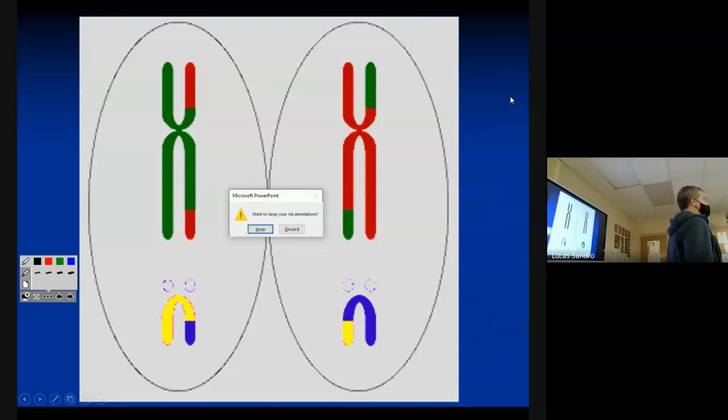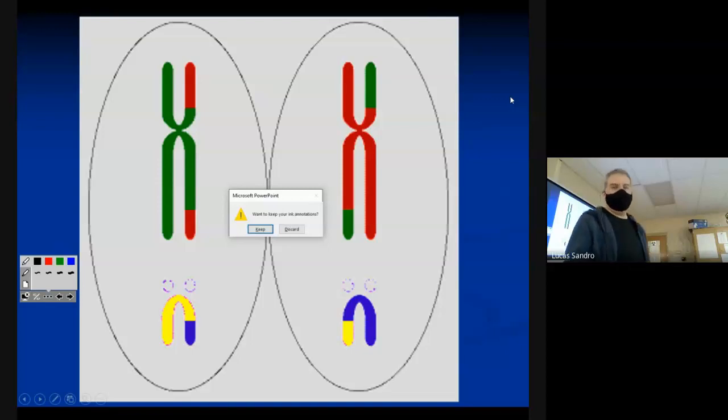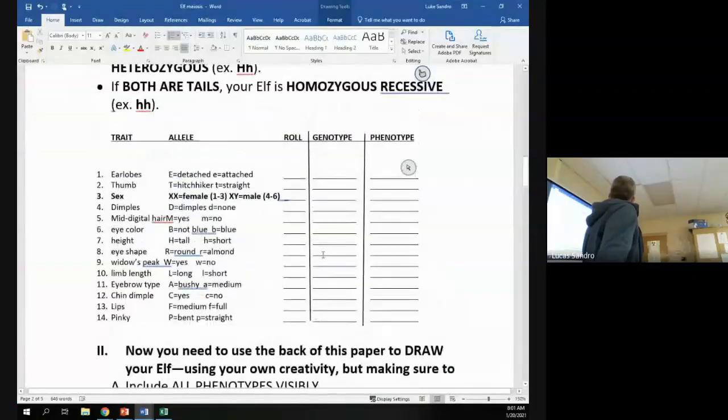Do you have that digitally? Yeah, find the online paper. You don't have to have the drawing right now. What you need is your dice rolling and allele picking and phenotype record of what your elf looks like.